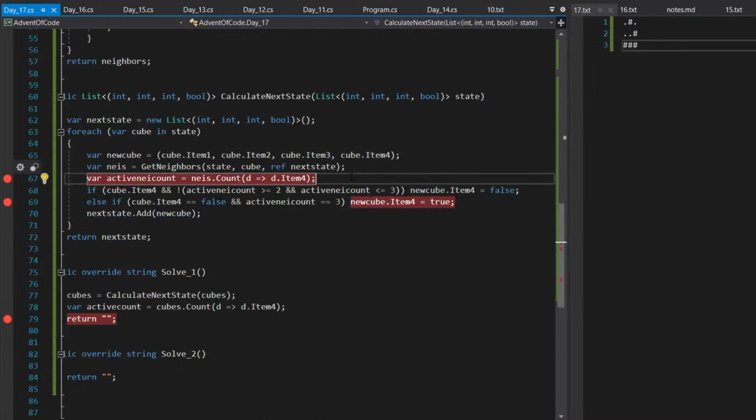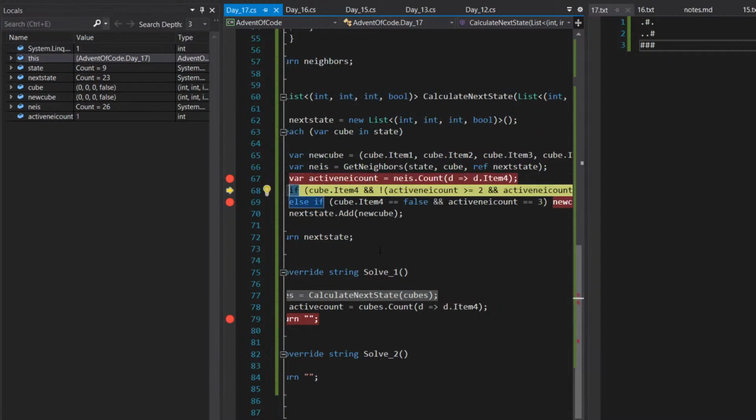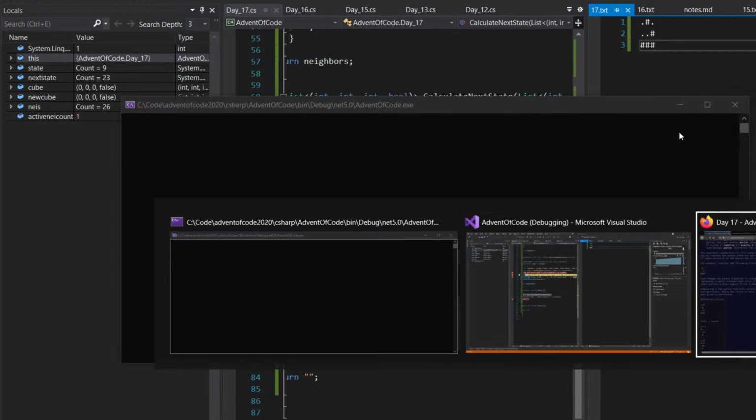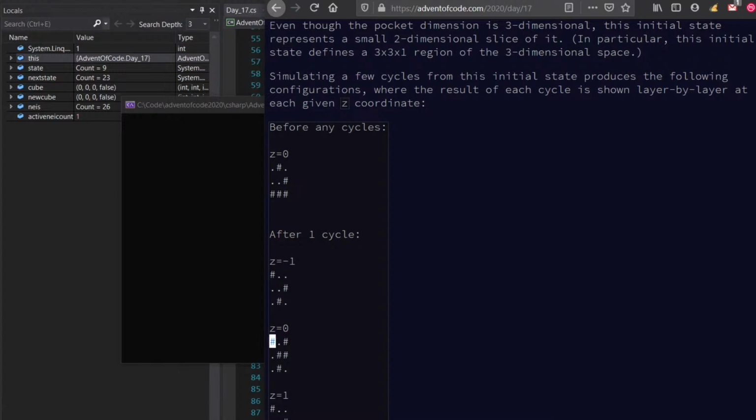Yeah, I'm just baffled here. Active count is 1. For 0, 0, 0, active count is 1, which should just be this guy. I don't see how this would flip.